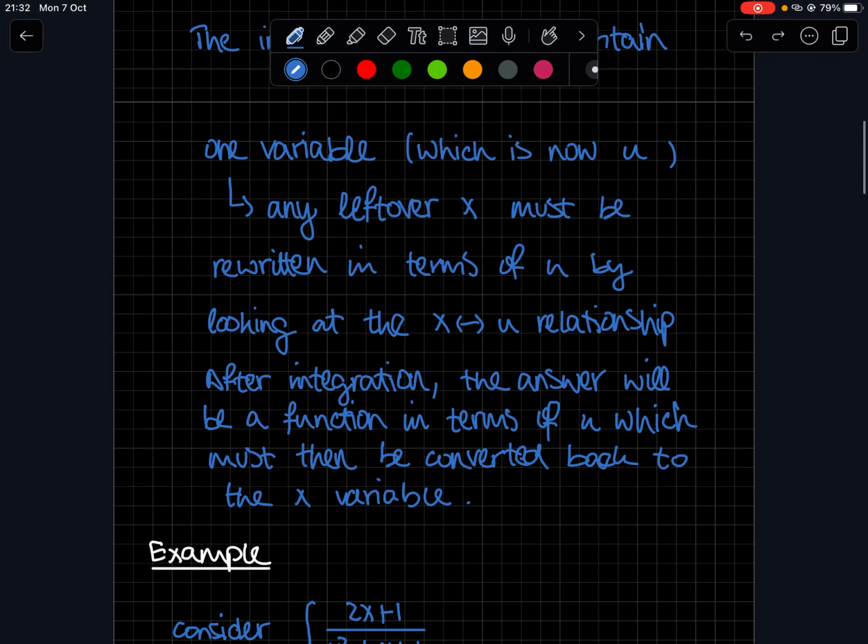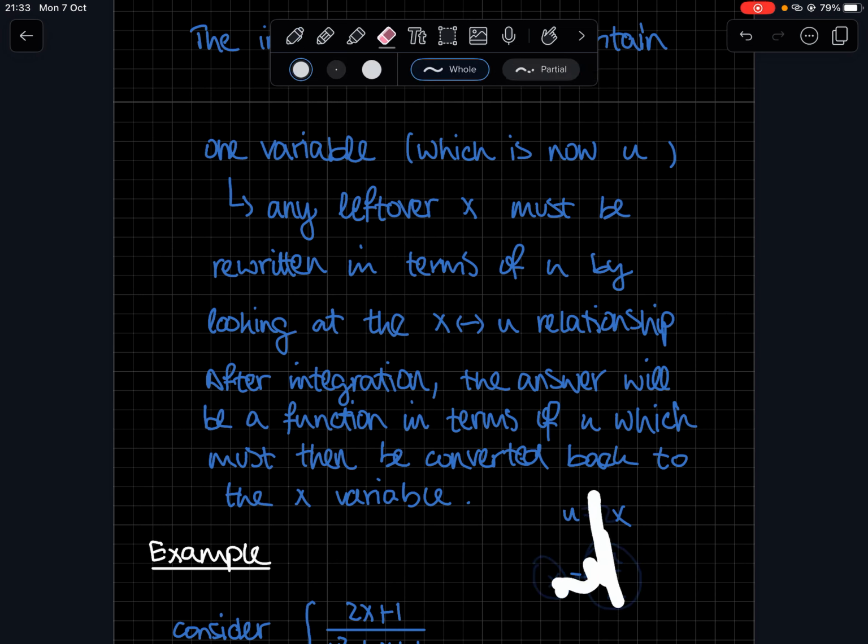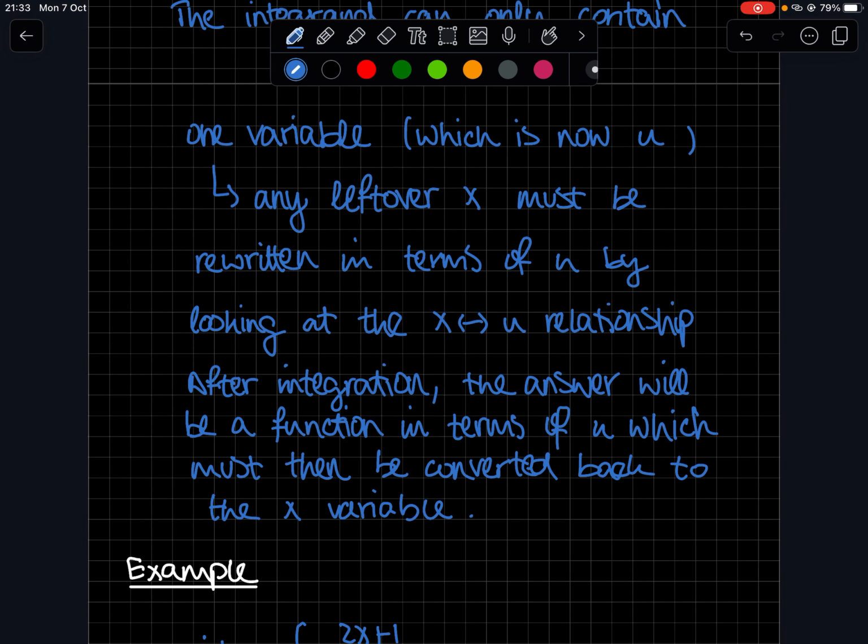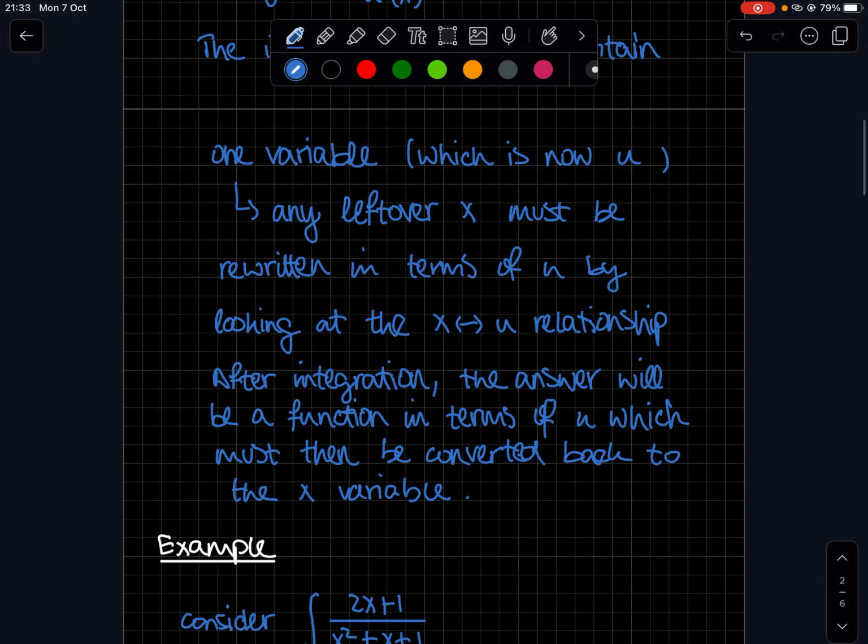So essentially what that means is if, for example, u equals, let's say, 2x, and then we have an x left over in the integral, we have to rewrite it in terms of u. Well, how do we do that? We can just say that x is equal to u over 2. So we just replace any x's by u over 2. But yeah, we'll go into more detail in the application section.